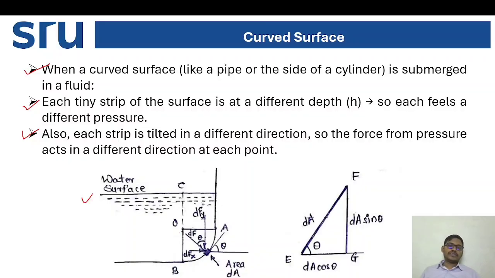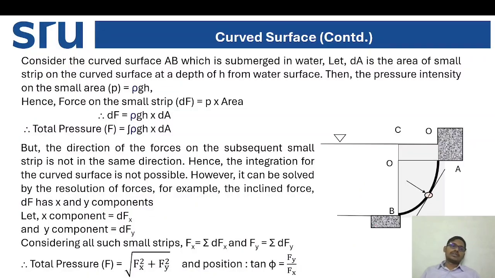So here the water surface is equal to this one diagram with respect to some cos theta, sin theta formulas. Here we have considered a strip. You see here diagram A, B, C, and here we can see the curved one. dF is equal to P into A, that is P into area, that is rho g h into dA, that is the integration of rho g h dA.